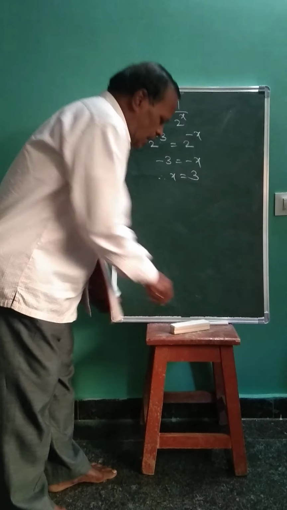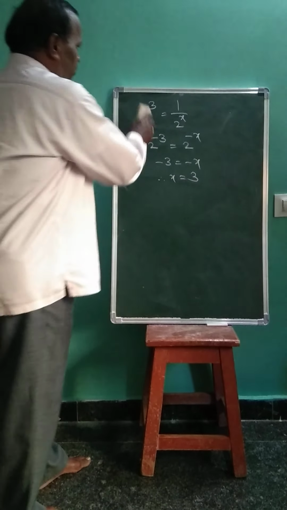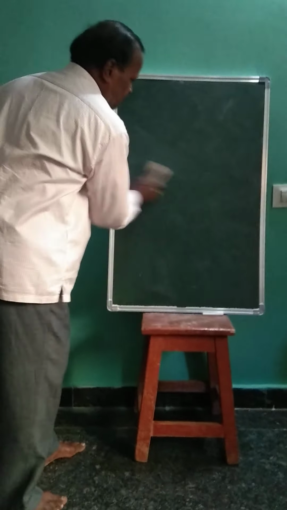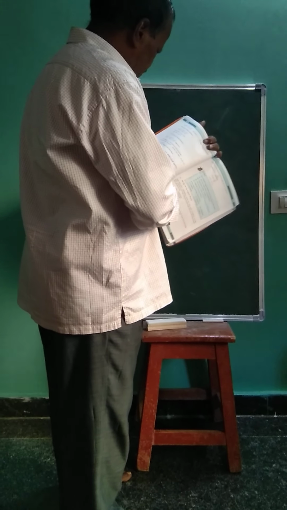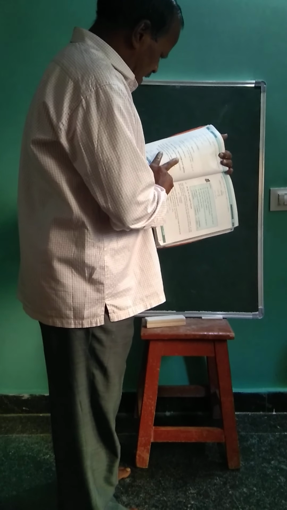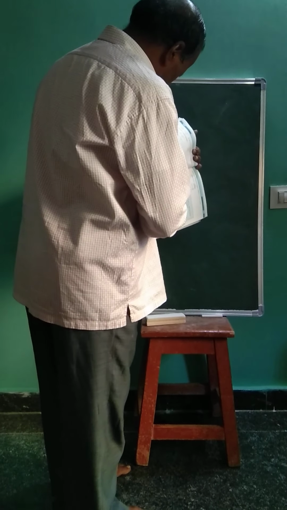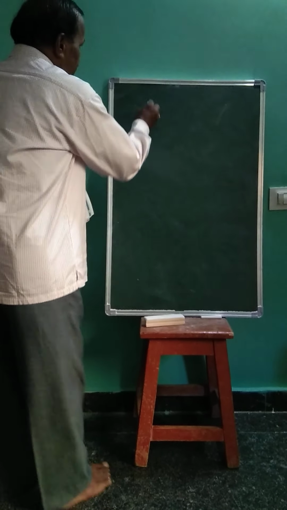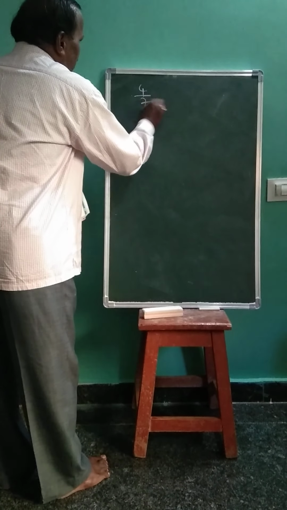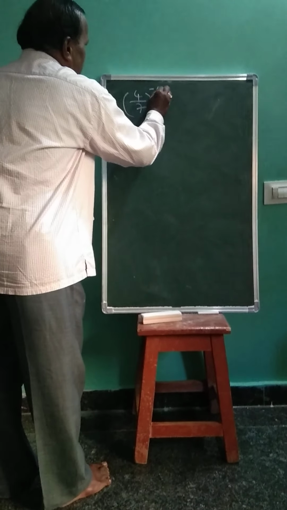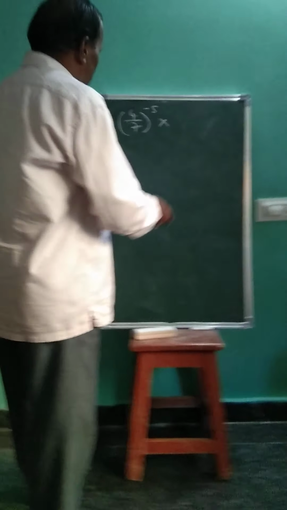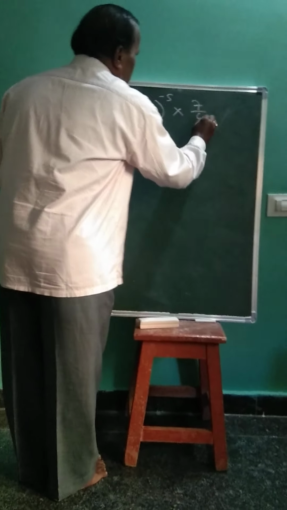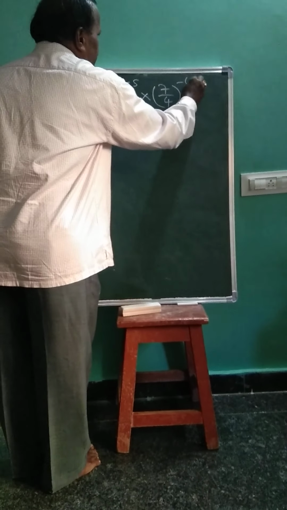So one last, I will take one more problem from exercise 4.1. Here also it is a simplification. 4 by 7 whole to the power of minus 5, into 4 by 7 whole to the power of minus 5, into 7 by 4 whole to the power of minus 4.